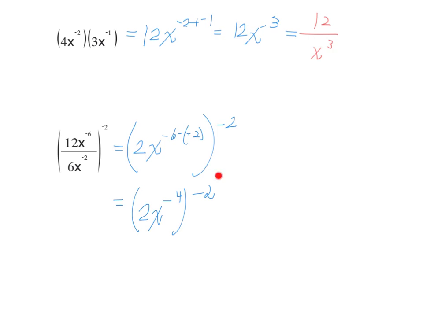And I still haven't done anything with this negative 2 power. Like I said, this is a pretty complex problem, lots of steps. It now needs to be distributed to both parts. 2 is going to get a negative 2 power, and so is x to the negative 4.